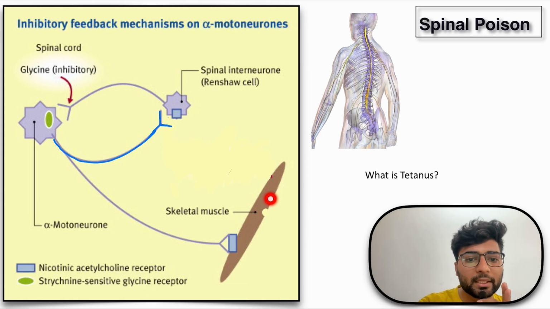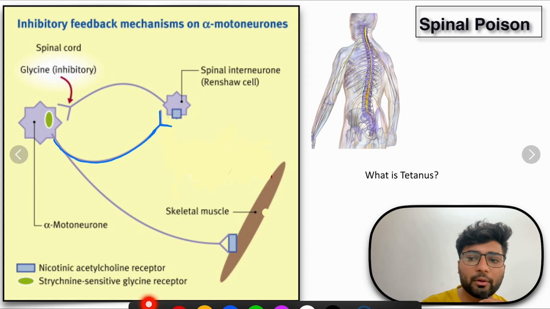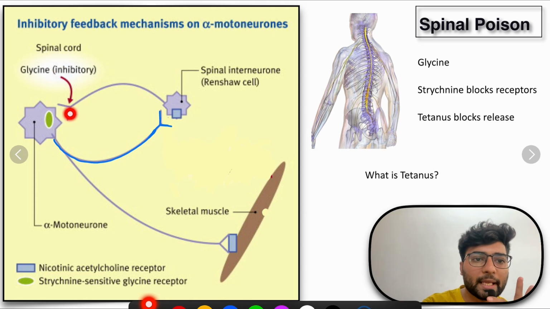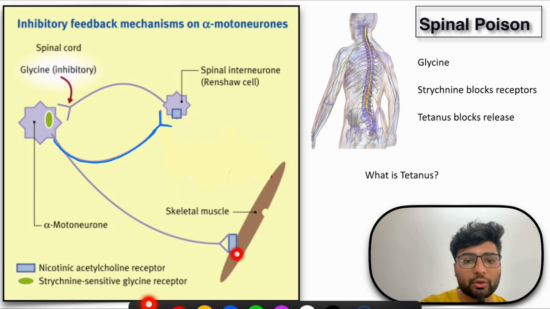So to prevent this excessive muscle contraction, this motor neuron gives a signal to an inhibitory neuron to act as an inhibition on itself.